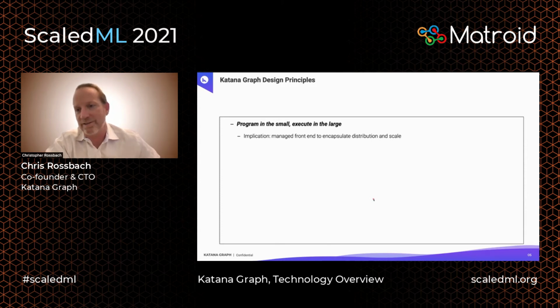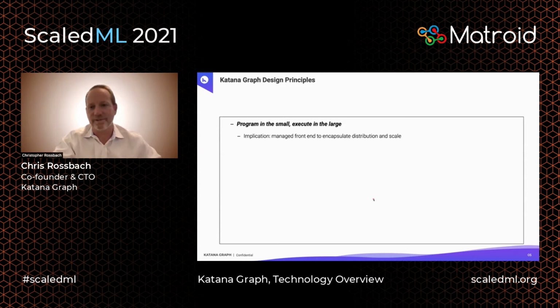And if you look at the research literature over the last 15 to 20 years, as well as systems that have emerged in industry, ranging from early entries like MapReduce and Hadoop to more recently technologies that have evolved through Spark to become Ray and so on, this is a charter that I think is shared by all of these systems, as well as Katana's system, that is specialized in Katana in a way that enables interoperation with those other systems at the same time as it is specialized to be very fast for unstructured data.